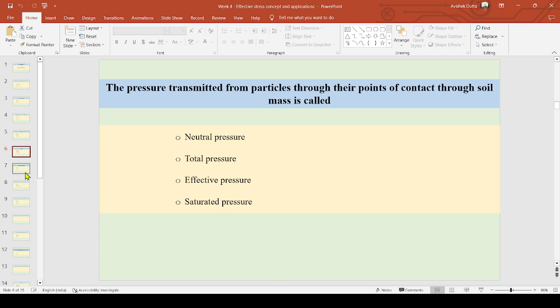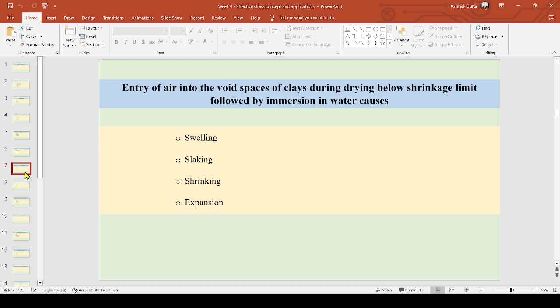Next question. Entry of air into the void spaces of clays during drying below shrinkage limit, followed by immersion in water causes.